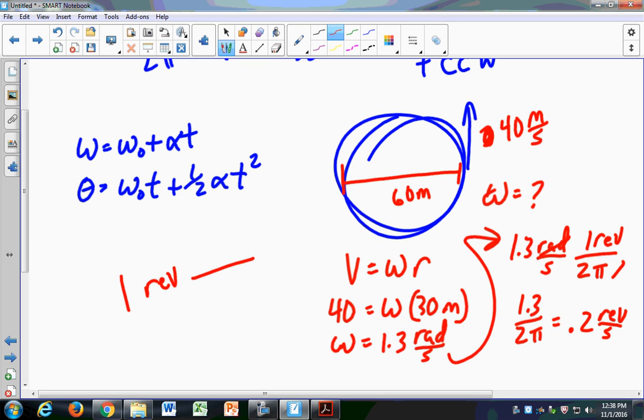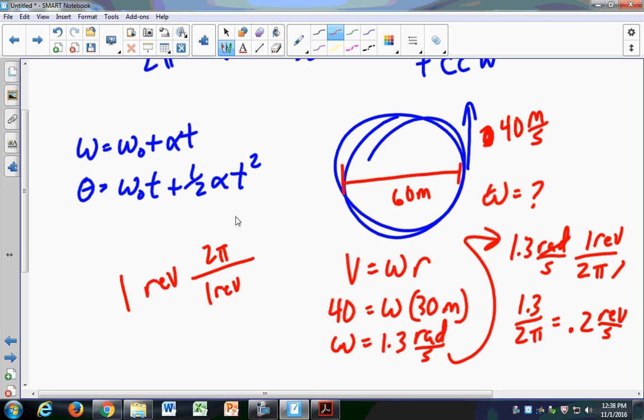In 1 revolution, there are 2 pi radians. I always just have to write out my conversion factor. I wouldn't try to memorize that. I would just look at your units. These units cancel, and they leave you with radians. But you will have questions like that.